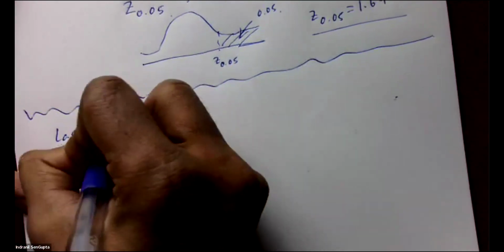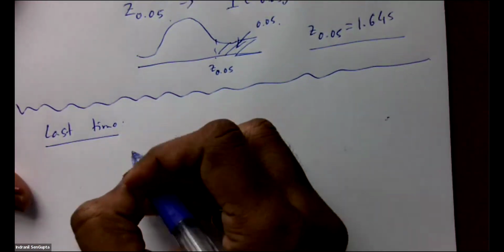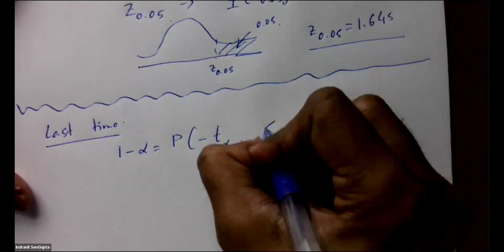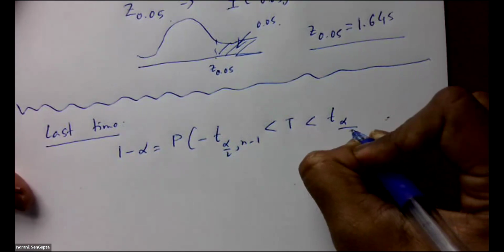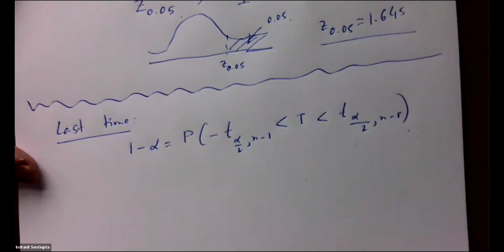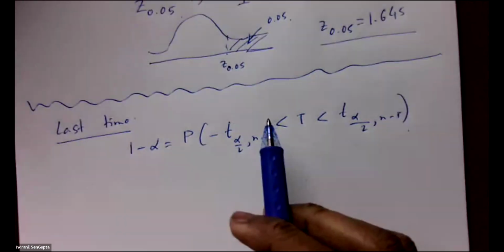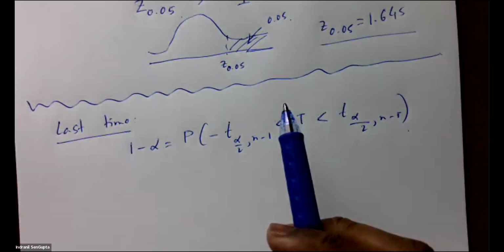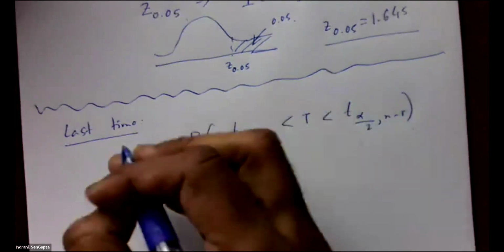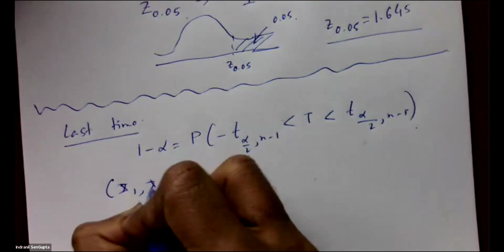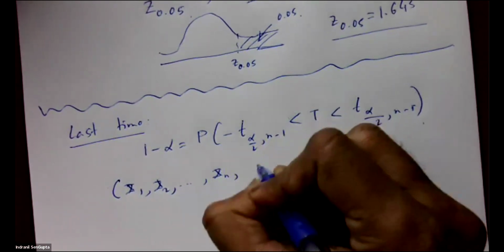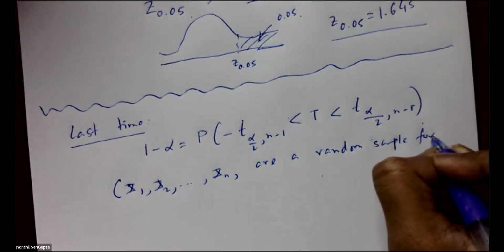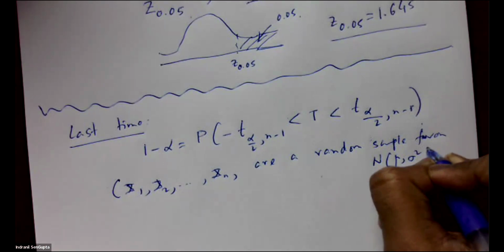Last time we computed 1 minus alpha as the probability that the t statistic lies between minus t alpha over 2, n minus 1 and t alpha over 2, n minus 1. That is for the case when we assume that X1, X2, up to Xn are a random sample from the normal distribution, right?